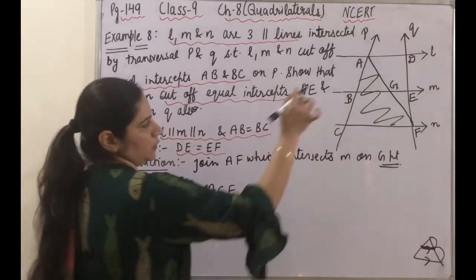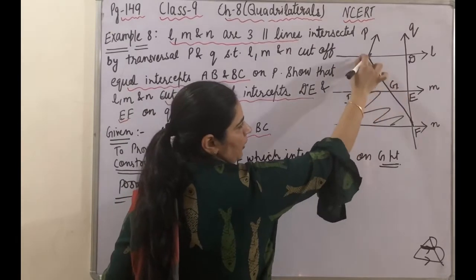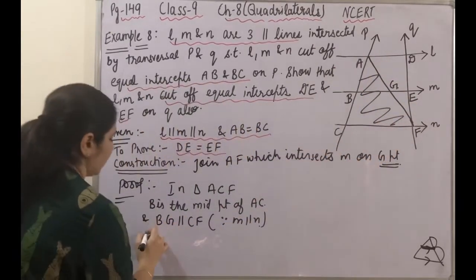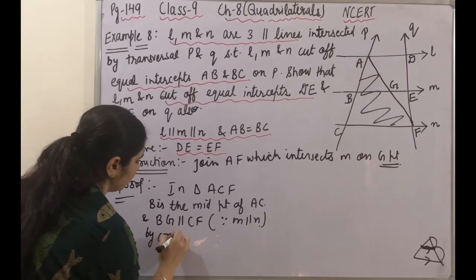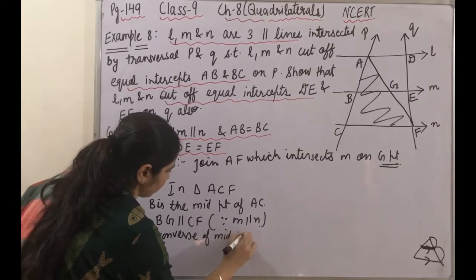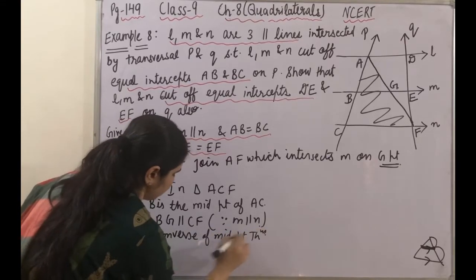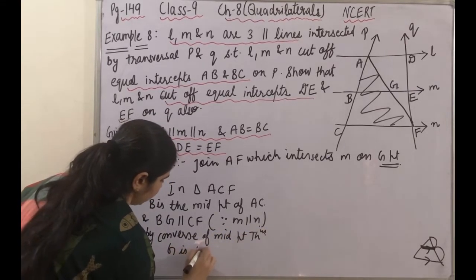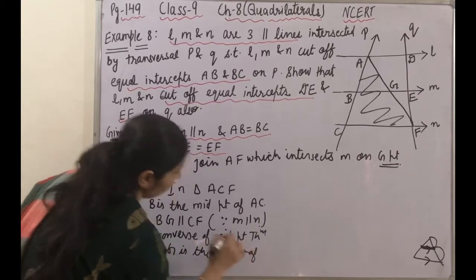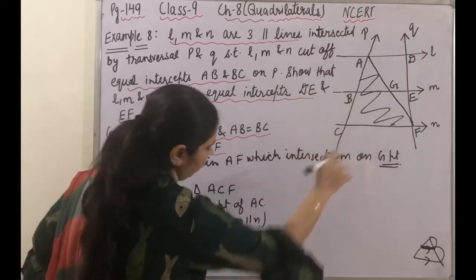Now I'll use the result. This G will be the midpoint of this side AF. By the converse of midpoint theorem, I can say here G is the midpoint of AF.